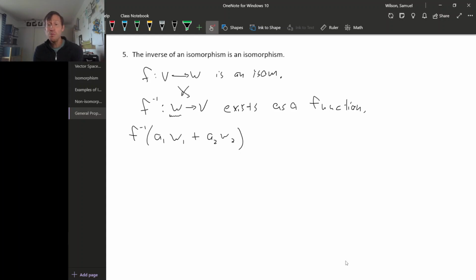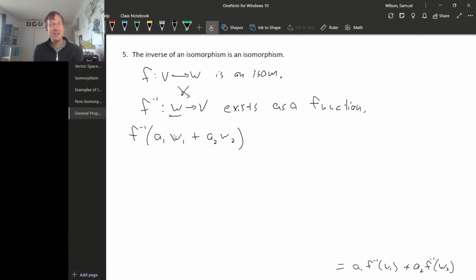So now what we're hoping is that when we do some big calculation, we end up with a1 f inverse of w1 plus a2 f inverse of w2, right? This is what we're hoping to get to at the very end, because then we will have shown that f inverse preserves structure. So how do we do that?